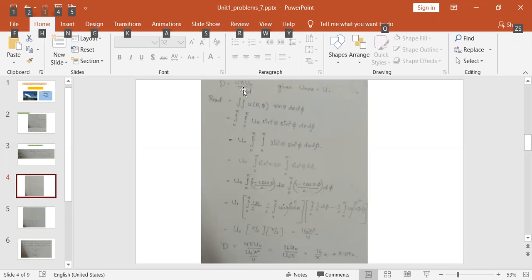So 4 pi into U naught by P radiated. So if you substitute, then we'll get 16 by pi into U naught, which in turn equals 5.09 into U naught.